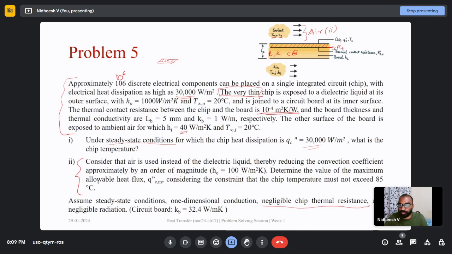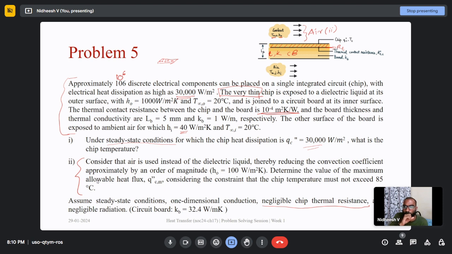In the thermal conductivity of the circuit board, at the bottommost, kb equal to 32.4 watt per meter Kelvin is available. Meanwhile, in the first paragraph, board thickness and thermal conductivity are LB equal to 5 mm and KB equal to 1 watt per meter respectively.